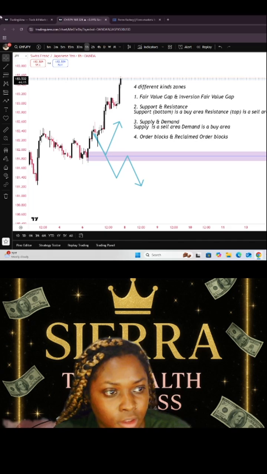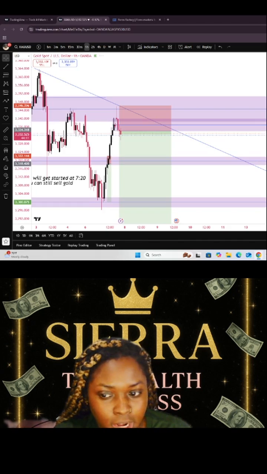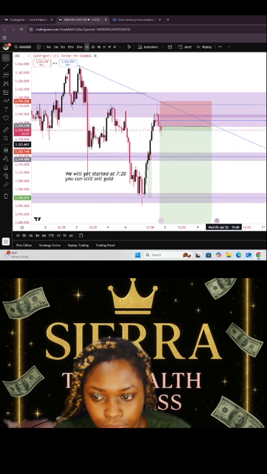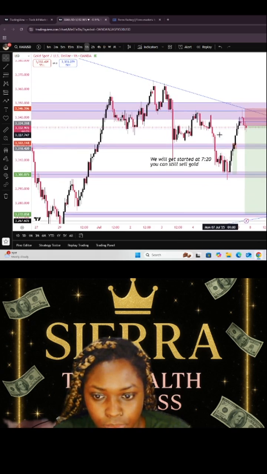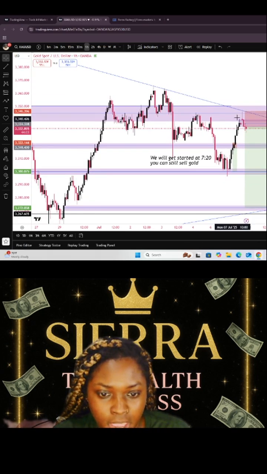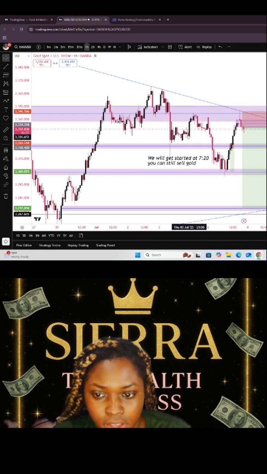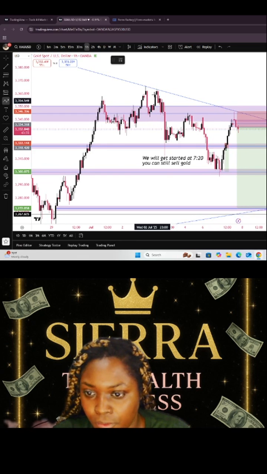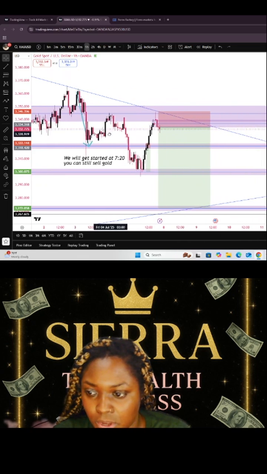So for instance, if I come to a trade that I'm in right here on gold. I had this zone marked up and price gave me an evening star. And it's also the second time touching this area.